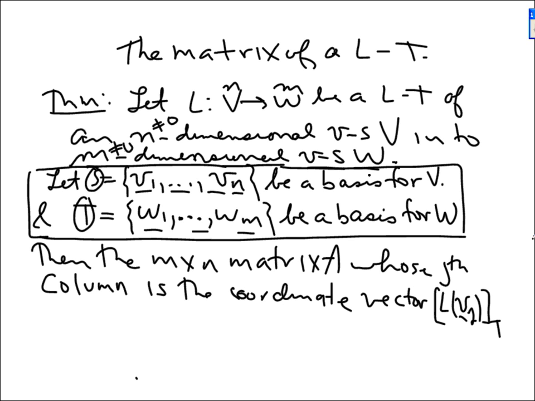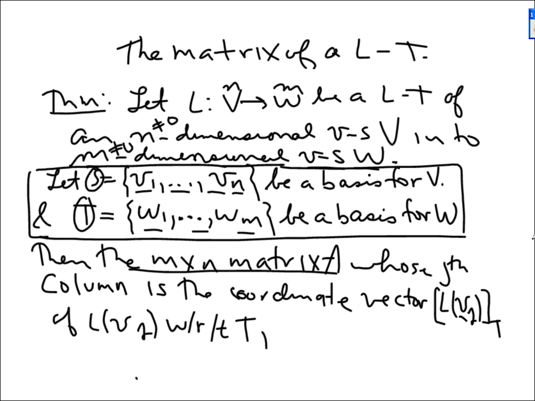So the coordinate vector of L of Vj with respect to T. And this matrix, the M by N matrix A, whose jth columns happen to be defined this way, is associated with L and has the following properties.